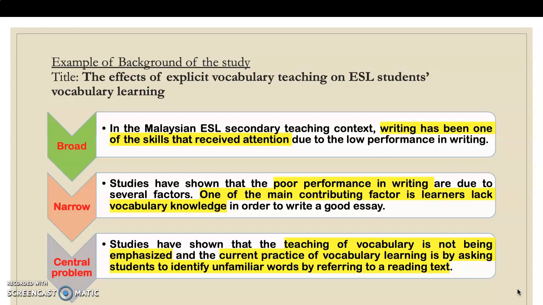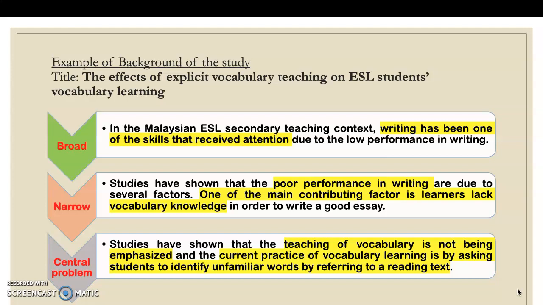Now we're moving towards the central problem. So we talk about how teaching of vocabulary is not being emphasized in writing classes. Alright, and the current practice of vocabulary learning is by asking students to identify unfamiliar words by referring to a reading text. So this is the issue.